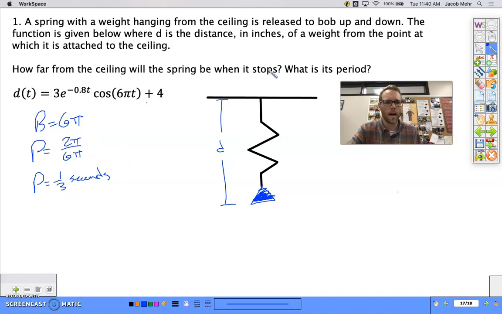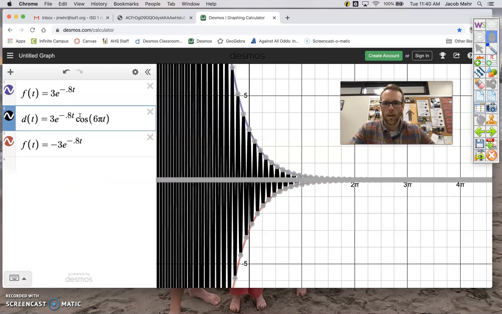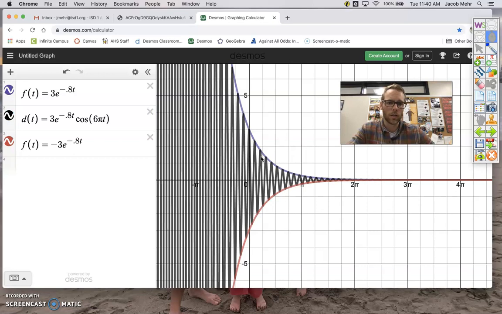Where will it be when it stops? Okay. Well, take a look at this function. We know when we multiply our exponential decay function times the cosine of 6 pi t, it's bounding it between those two curves, right? Okay.